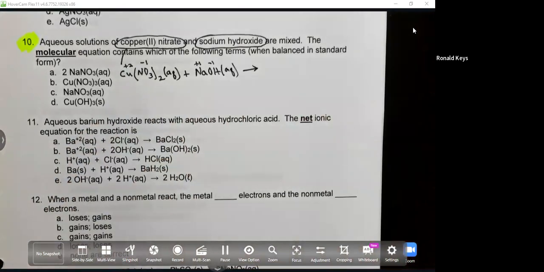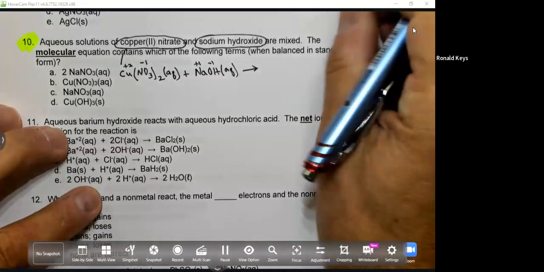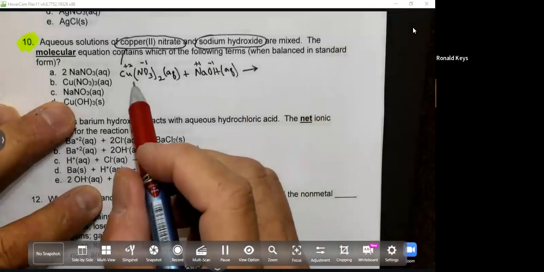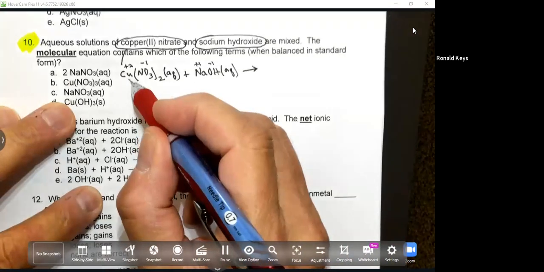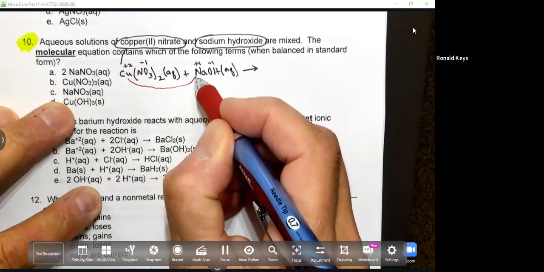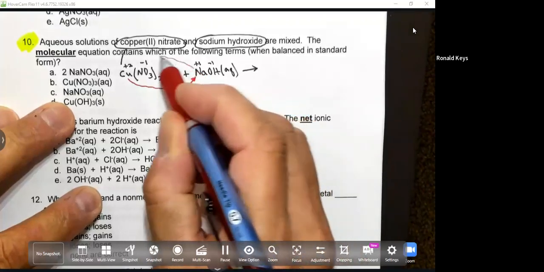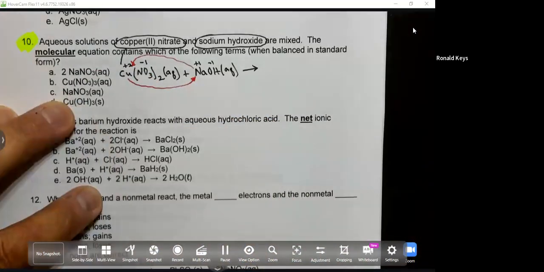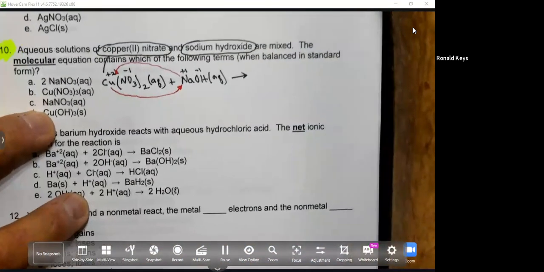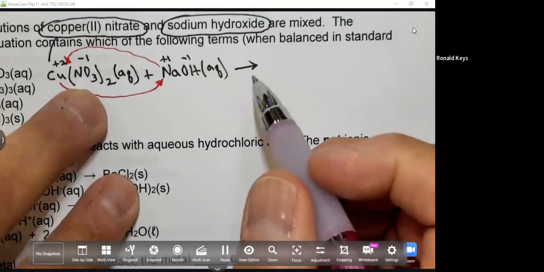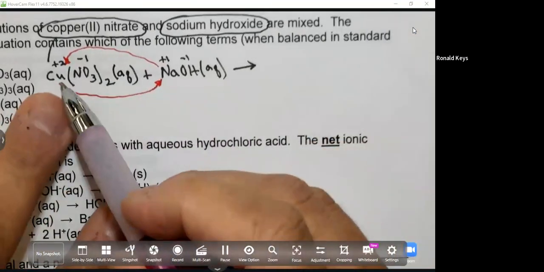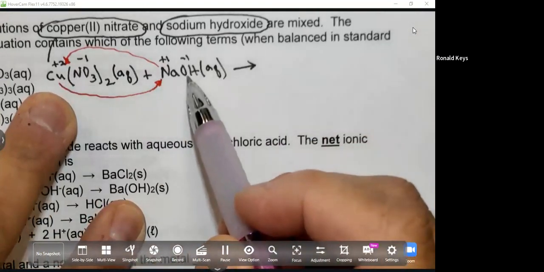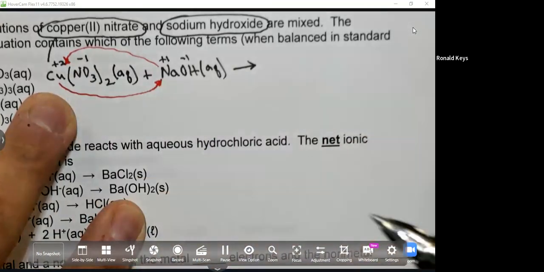So this is what we're doing in lab starting today. If you have lab starting today, this is a double replacement reaction where we switch the positives. If we exchange the positives, then we can see whether or not the positive ion from this compound is going to come together with the negative ion of this compound and vice versa.